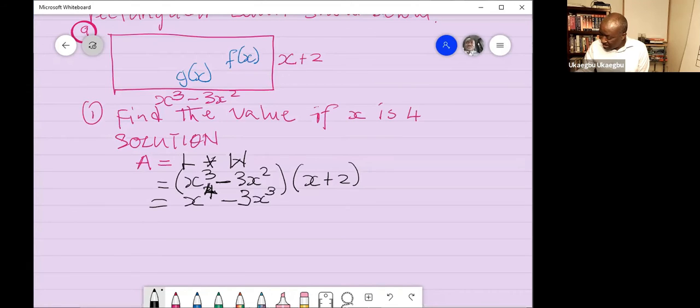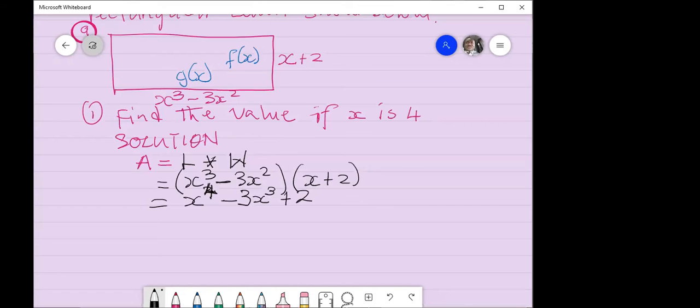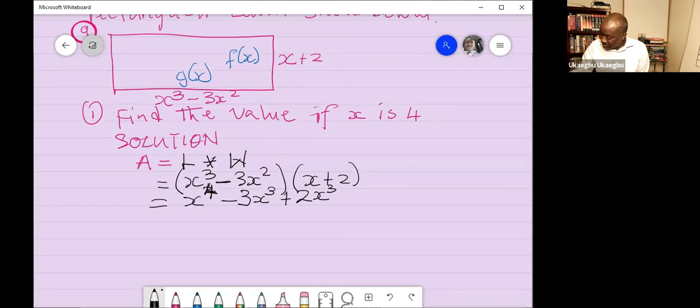So we are done with that. Then we use 2. 2 times x cubed is 2x cubed. Then minus 2 times 3x squared is 6x squared. So this is the area in terms of x.